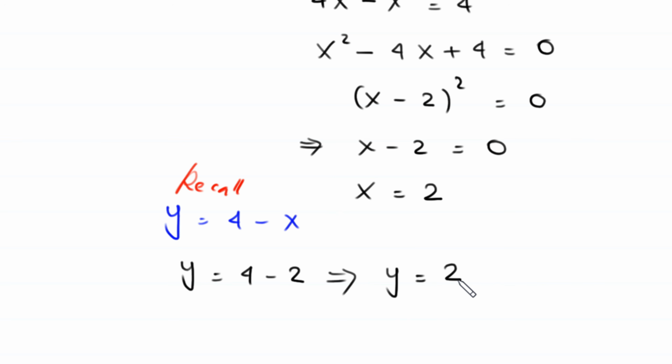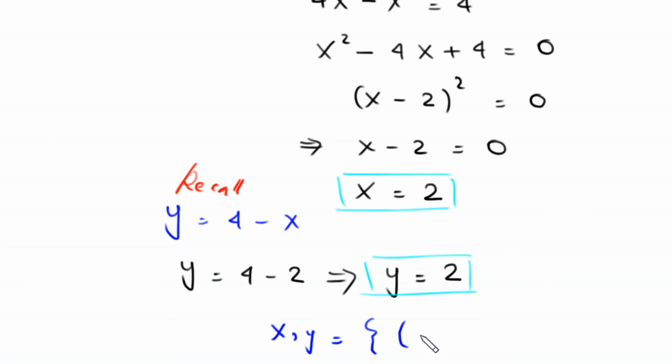So from the given equation we get only one pair, x is equal to 2 and y is equal to 2. So x comma y equal to 2 comma 2 is the only solution to this equation.